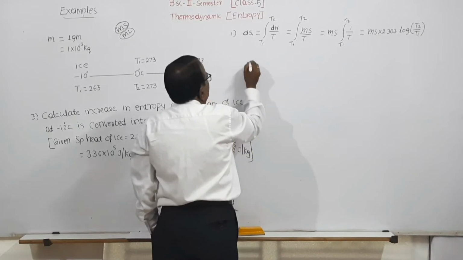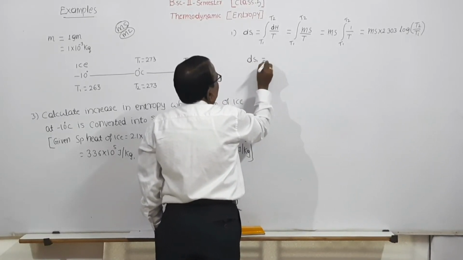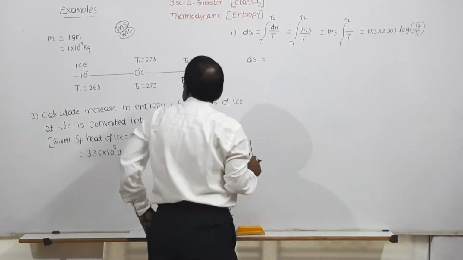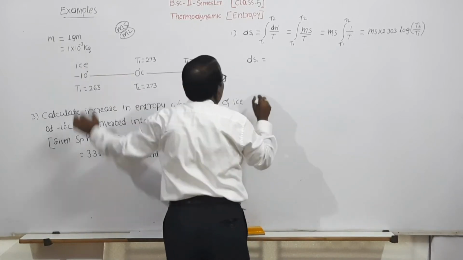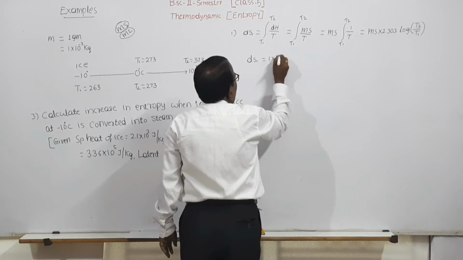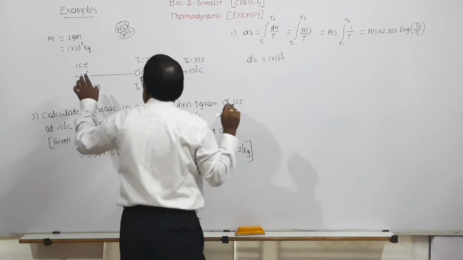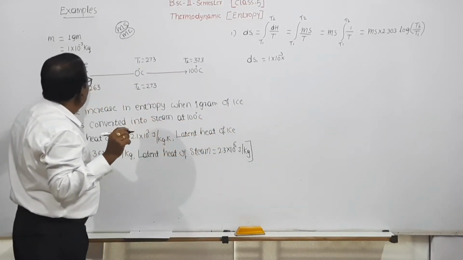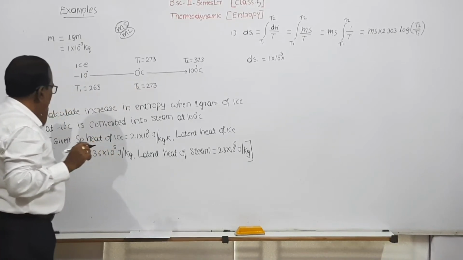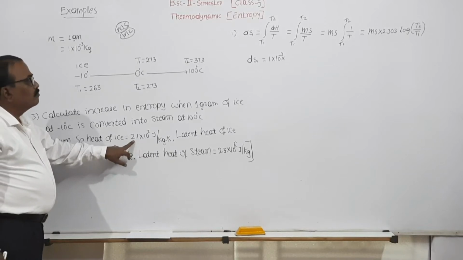Now, your dS1, the increase in entropy, is M into S. Mass is 1 into 10 raised to minus 3 into S. Here you have to take the specific heat of ice. Specific heat of ice is given, it is 2.1 into 10 raised to 3.